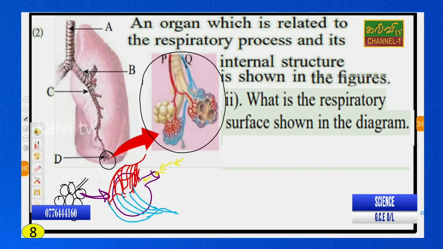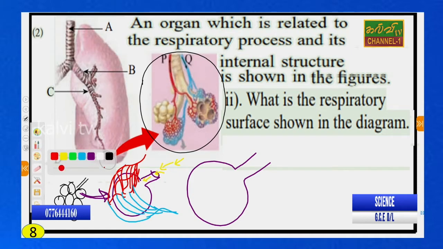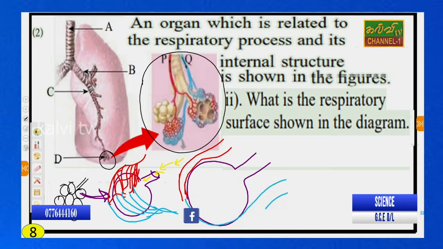So when you enlarge the alveoli, we find the branches of artery and vein in the lungs. The red color oxygenated blood is in the veins, right? Pulmonary veins. And you know that, pulmonary artery.